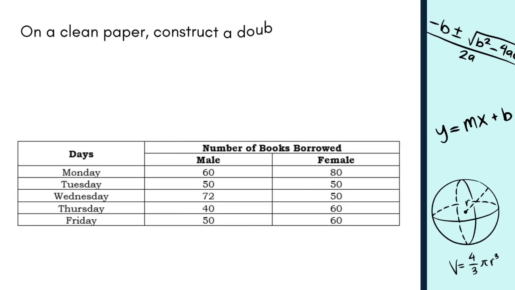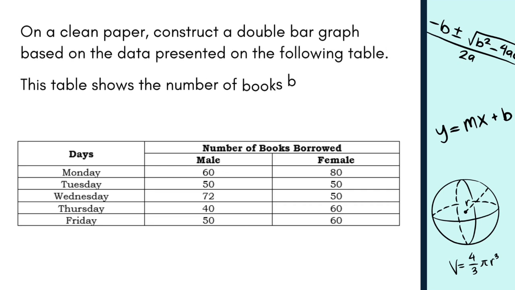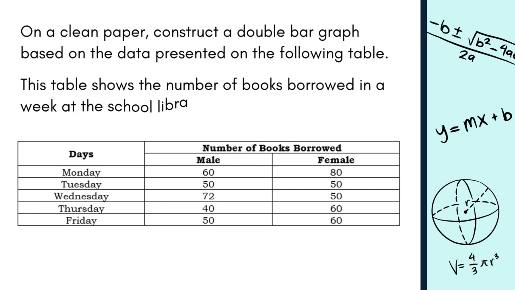Okay, so now, on a clean paper, construct a double bar graph based on the data presented on the following table. This table shows the number of books borrowed in a week at the school library. So again, we have two, okay, dalawa na magkasabay. That is the number of books borrowed by male and female.